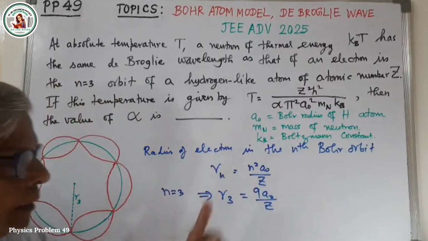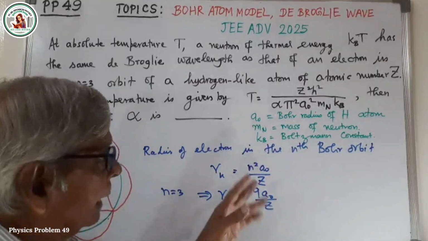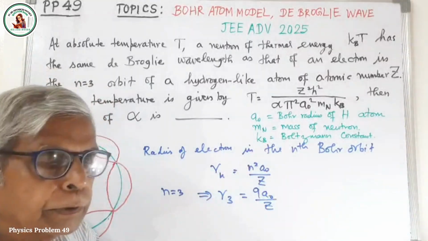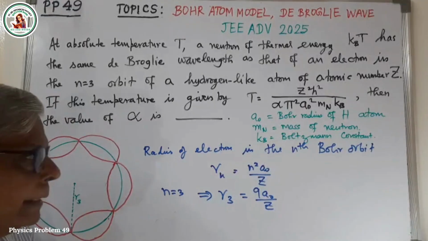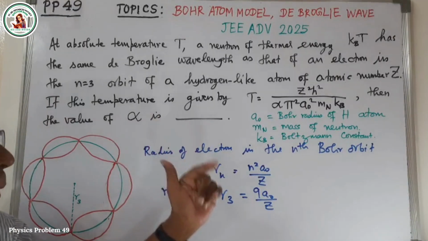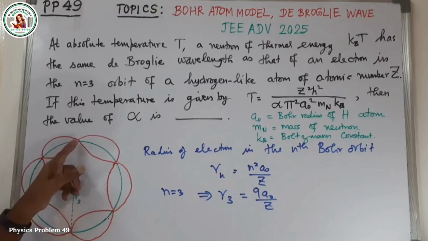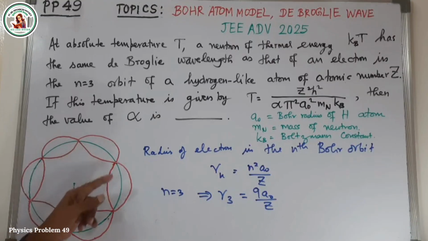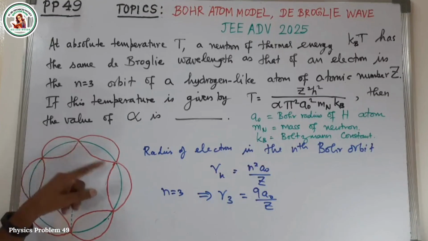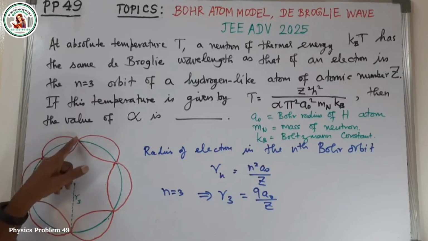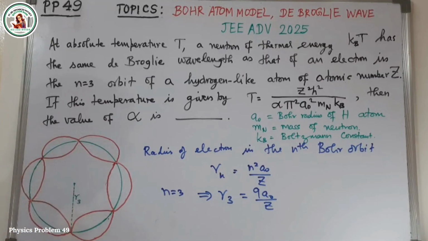So instead of just moving around in a circle, the electron's wave nature becomes dominant. The electron forms a stationary wave in its own orbit. n equal 3 means 3 wavelengths will be involved, which means 6 loops, because 2 loops combine to form one wavelength. So 6 loops are involved.